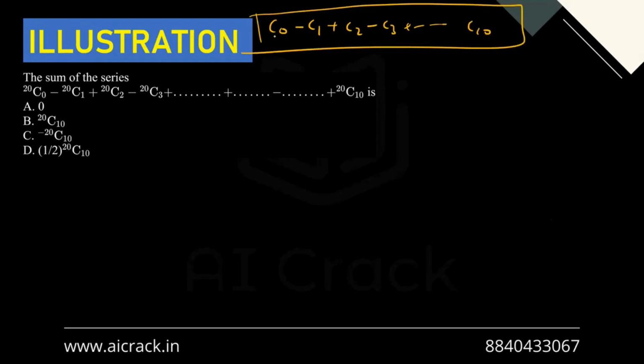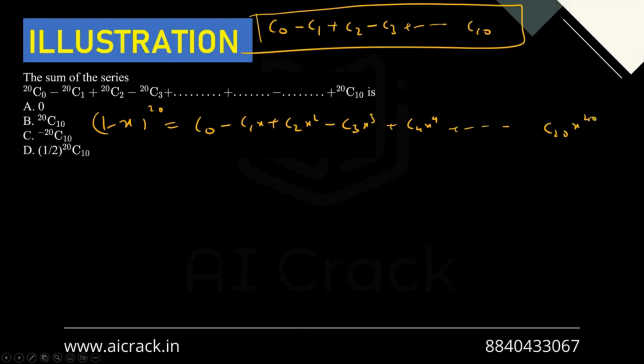Now we can see alternating plus minus plus minus. So we know that we have to use (1 minus x) raised to the power 20. Now this is C0 minus C1x plus C2x square minus C3x cube plus C4x raised to the power 4 till C20 x raised to the power 20. Agreed? Right?